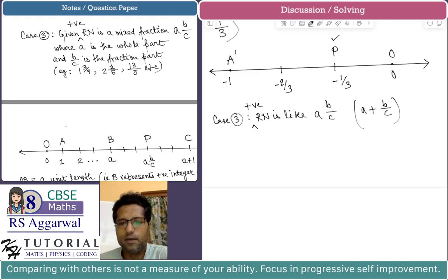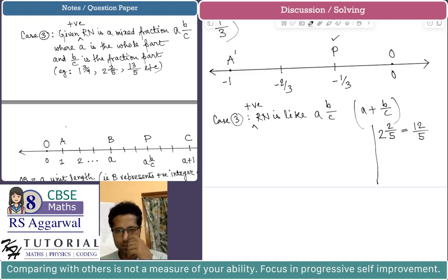Now this kind of mixed fraction can also be represented as an improper fraction. For example, if you are given a mixed fraction 2 and 2 by 5, if you convert it to an improper fraction, this will become 5 into 2, that is 10, plus 2, that is 12 by 5. 12 by 5 is an improper fraction. So you may be given 12 by 5 to represent on the number line.